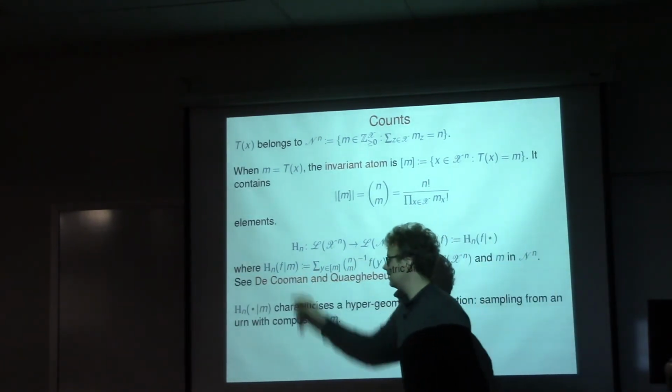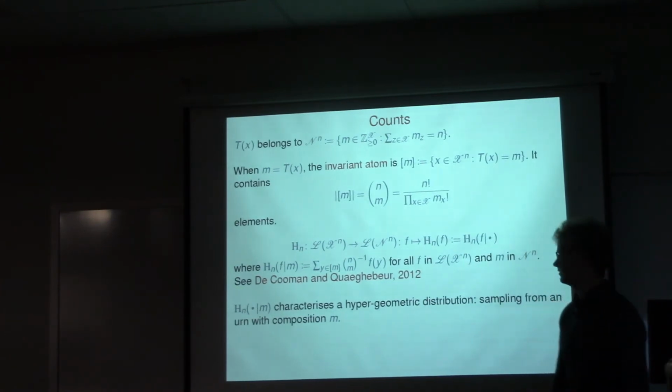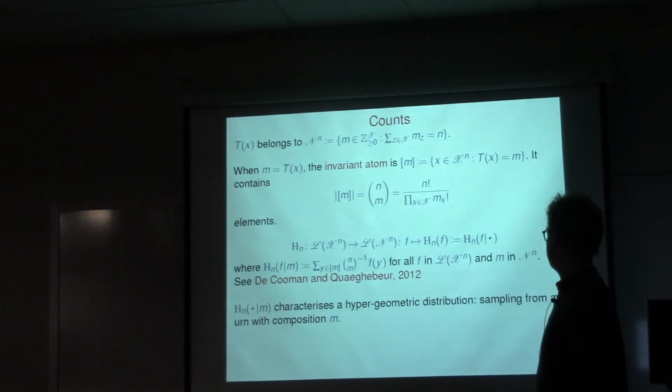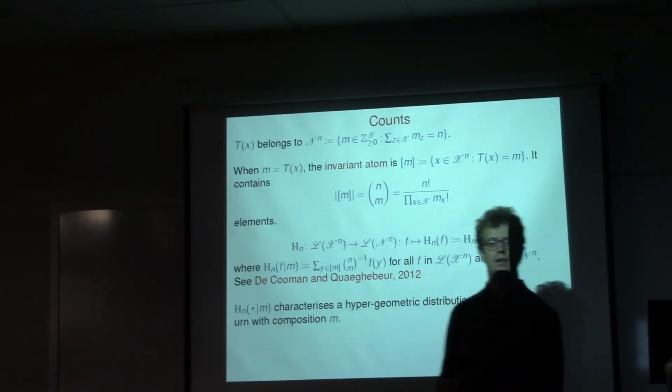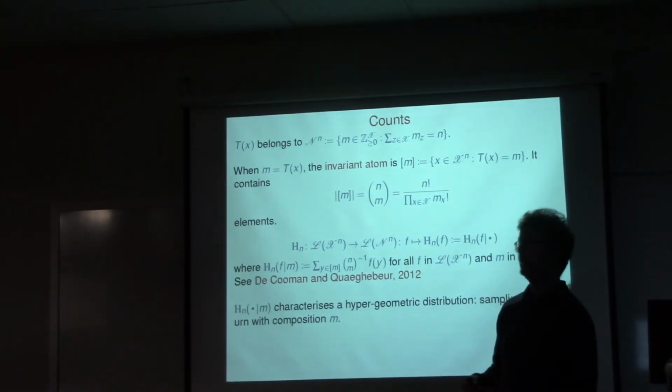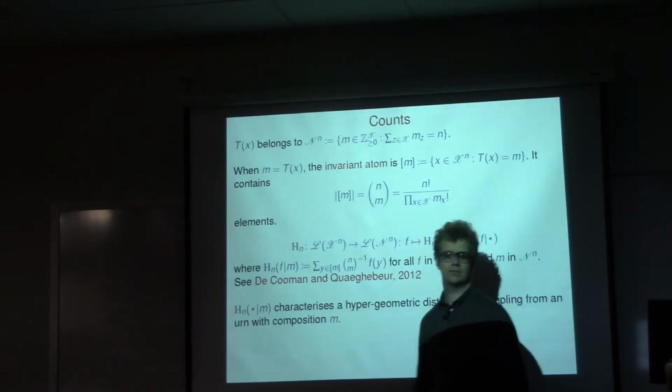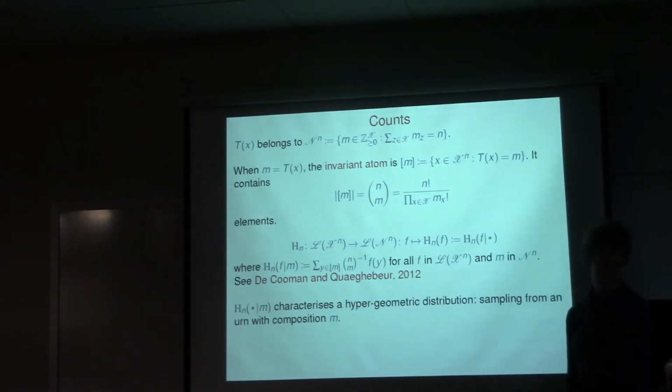This actually characterizes a hypergeometric distribution. So actually, it characterizes sampling from an urn with n balls, and the composition of this urn is m. And this is quite interesting.